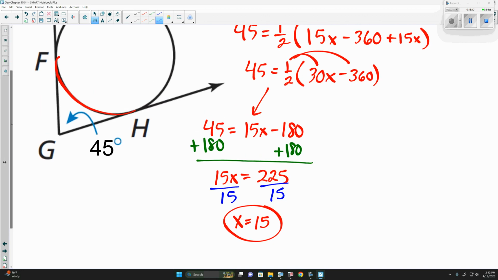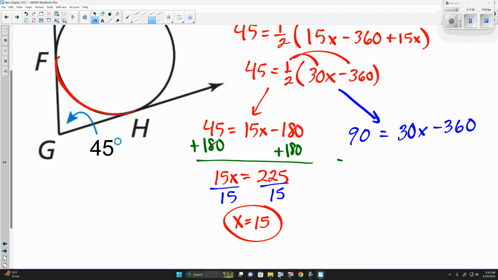Now, we could have multiplied both sides by 2. If we did that, the 1/2 would cancel, telling us that one side is 30x minus 360. But we also have to multiply the other side by 2, which is going to turn it from 45 to 90.